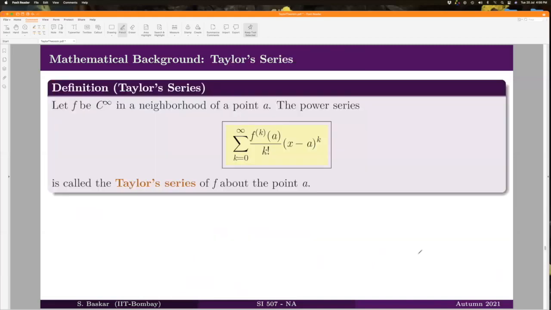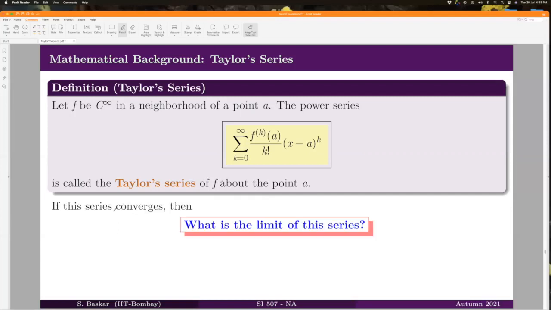The next concept is the Taylor series. Let me just define it. Let f be a C infinity function in a neighborhood of a. What is meant by this? f is a C infinity function means f is differentiable as many times as we want, and the derivatives are also continuous functions. Now the question is, if this series converges, then what is the limit of this series?